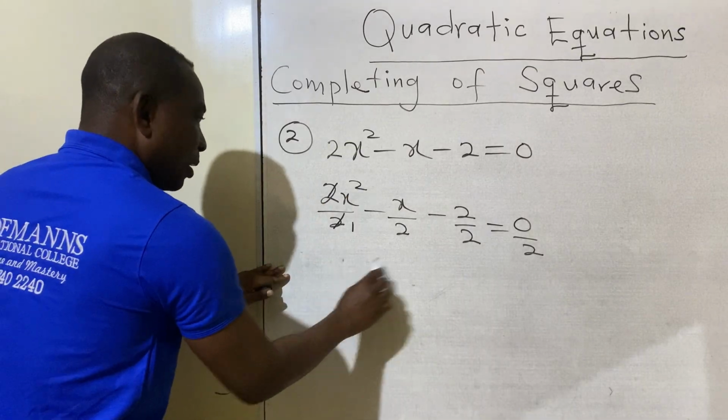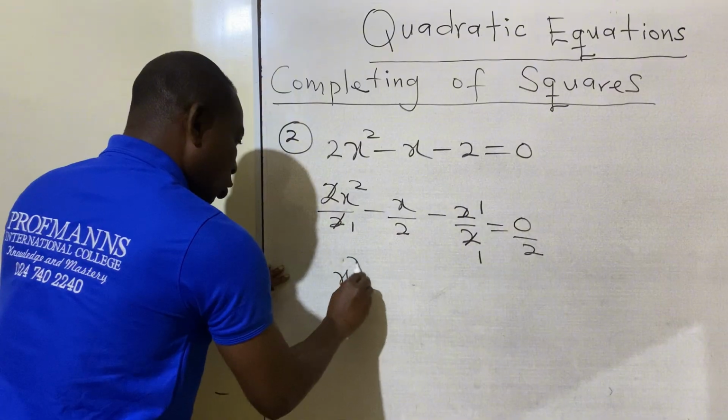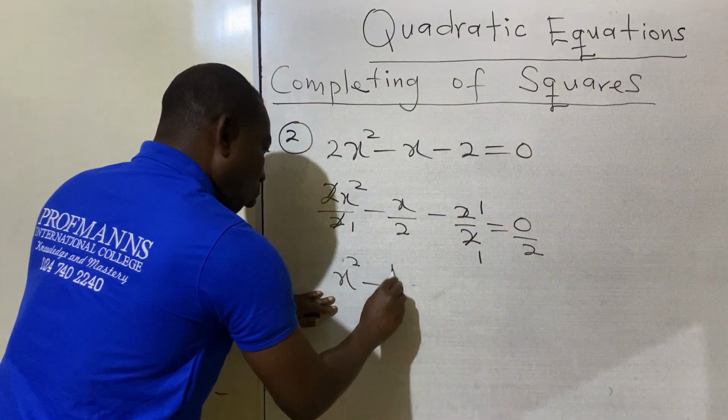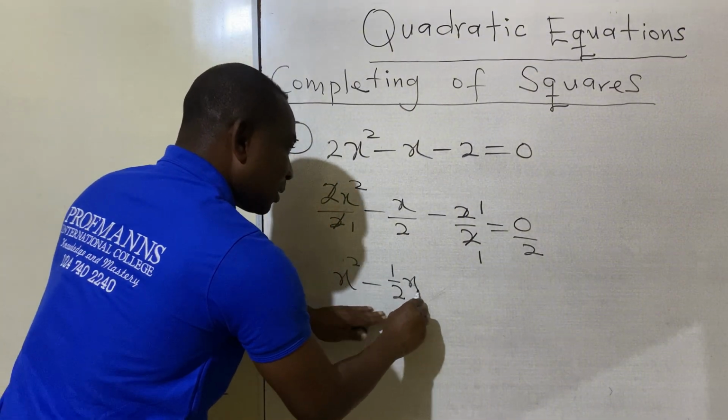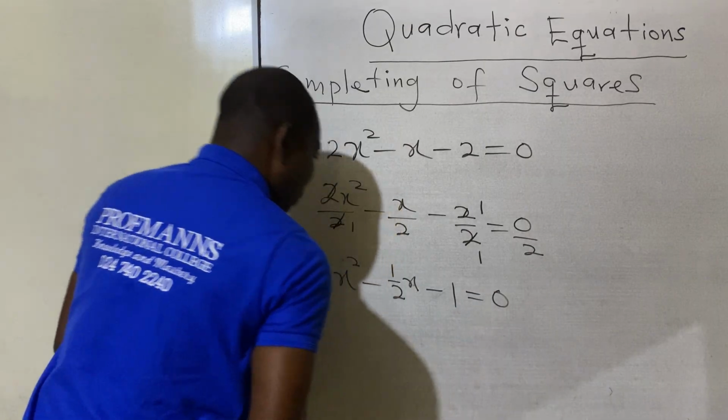So we have x squared minus 1 over 2x minus 1 is equal to 0.